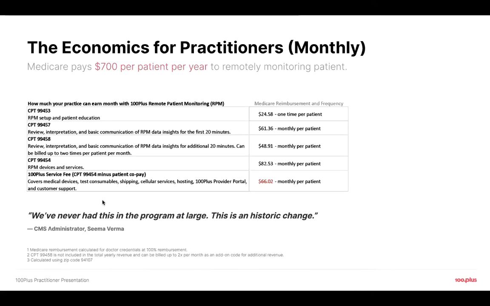One of the things I do on my demo is, in addition to calculating the exact Medicare reimbursements for these CPT codes for a specific location, I'll also calculate the copay. What I see most commonly is that copay is anywhere from $8 to $15 per patient per month. And right now, Medicare has extended, as a lot of providers probably know, a lot of discretion around how aggressive you are with collecting that copay.